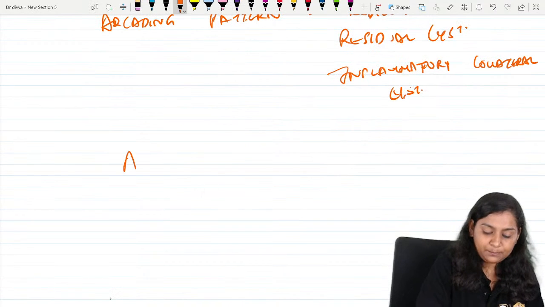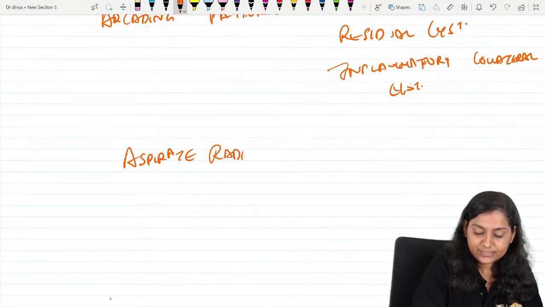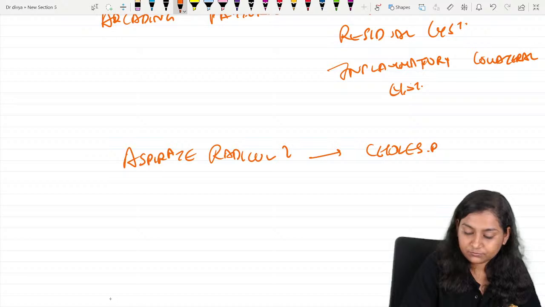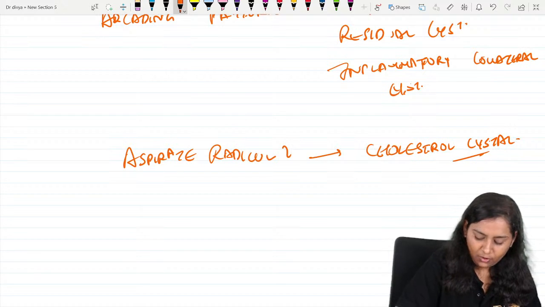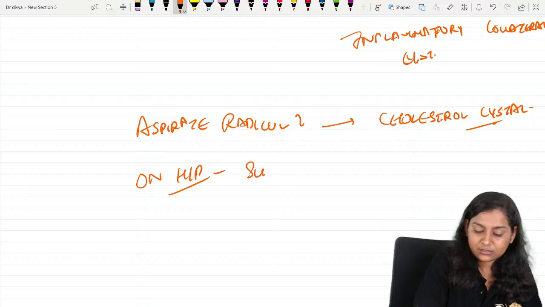Now, when we aspirate this radicular cyst, what do we see? Cholesterol crystals. While on histopathological slides, what do we see?